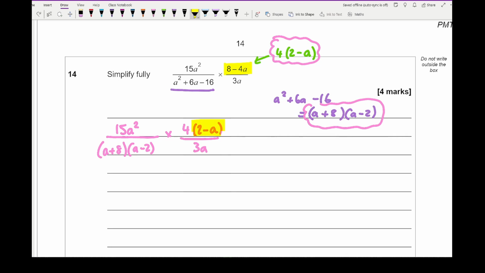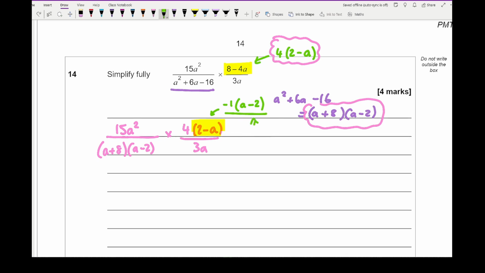Now obviously what we want to do is to cancel out the brackets. Now I can rewrite this as minus 1 times the bracket. We want the a to be negative, so that's going to be there, and I want the 2 to be positive, so that's going to be minus 2. So this, what I've highlighted in yellow, is the same as this.